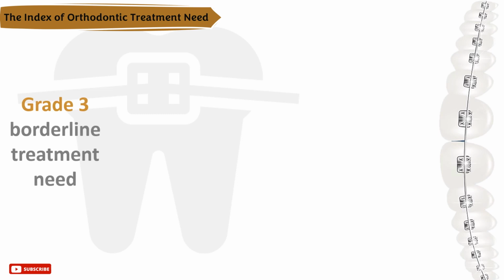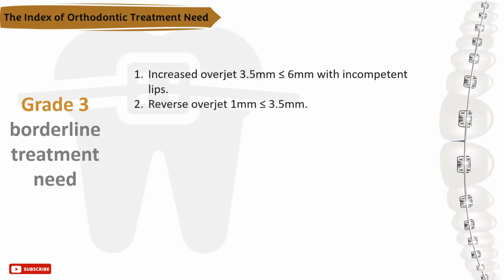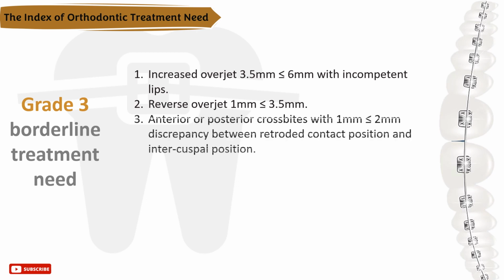Grade 3, where there is a borderline need for treatment. You'll find that the cases are the same as in Grade 2, but the numbers are increased. Increased overjet from 3.5 mm to 6 mm or less with incompetent lips. Reverse overjet from 1 mm to 3.5 mm or less.